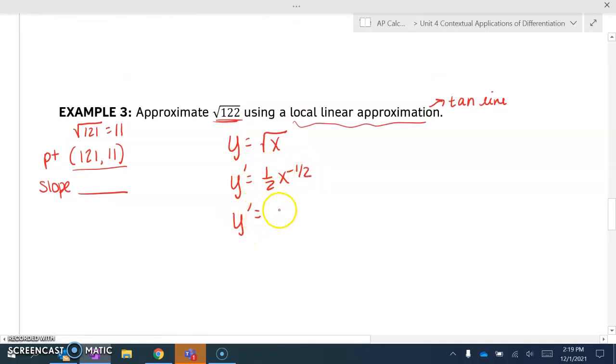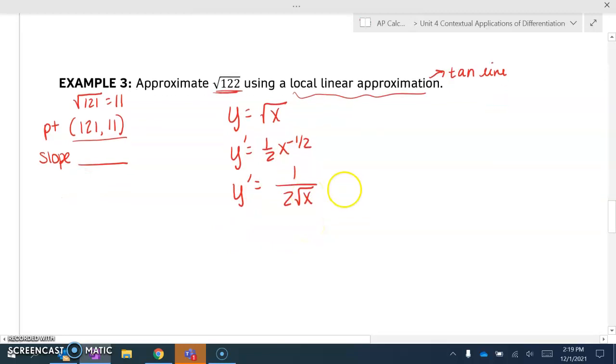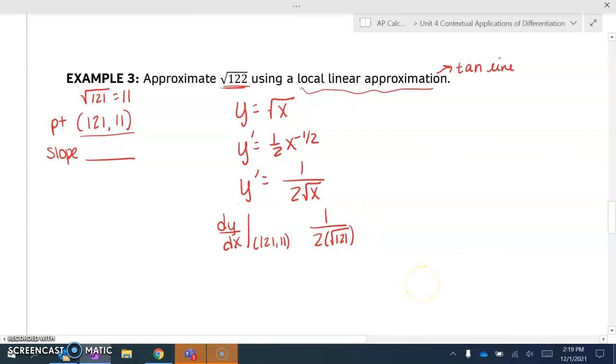And if we rewrite that, we get 1 over 2 root x. Okay, so now I can evaluate that. I'm going to turn this into dy/dx instead of y prime, not that it matters, but I'm going to evaluate that at the point that we picked before. So the 121, 11. So if I put that in, hopefully you can see. There we go. 1 over 22.